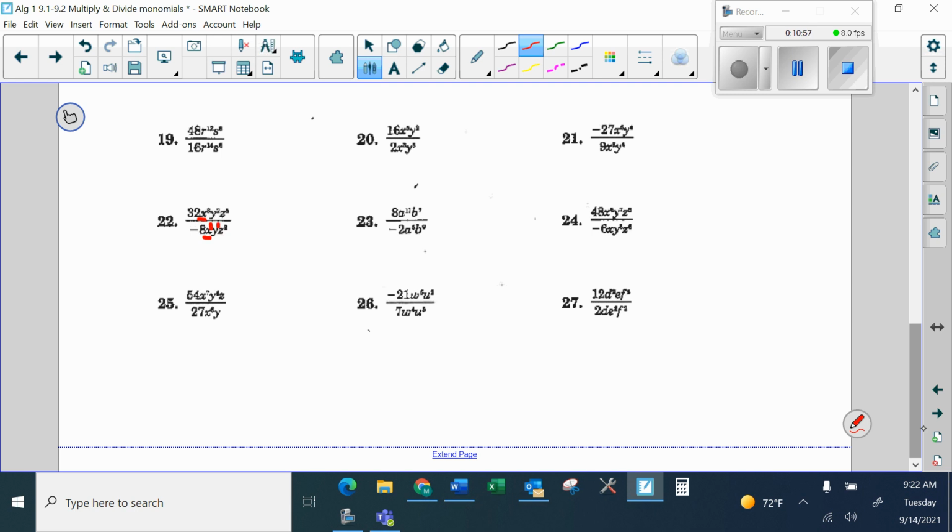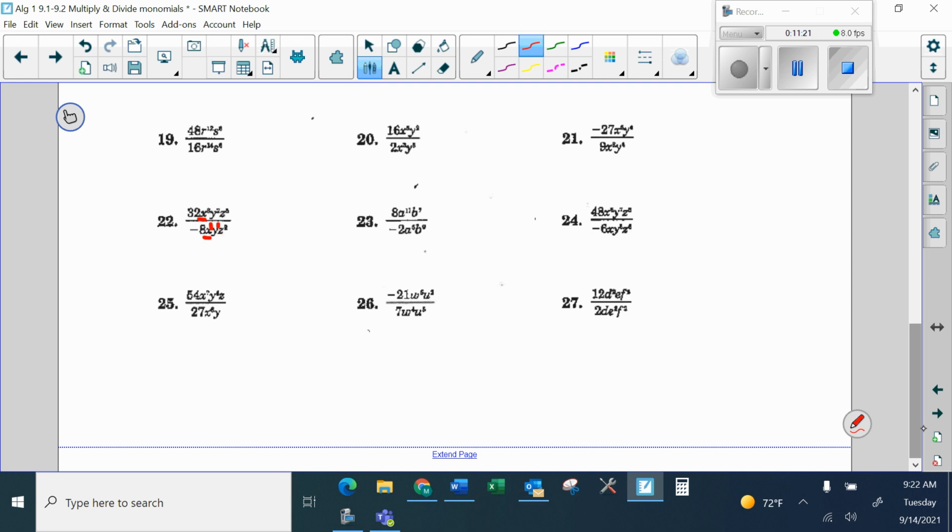So you can write those 1s in there so you don't forget. That's a common error that beginning Algebra 1 students make. They forget that there's 1s there. They think of them as zeros. So do not forget: if there's no exponent on the variable, it's always a 1. Write it in there until it becomes automatic in your head.